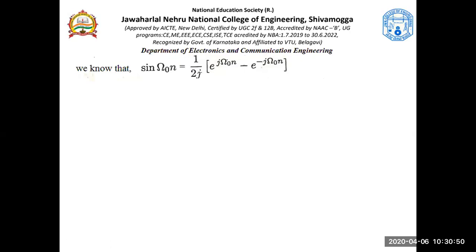Now this complex exponential form needs to be substituted in place of sine omega naught n, and after we do that, the equation comes to this form. Now we need to take one thing out of the summation. Which one thing can be taken out of the summation?